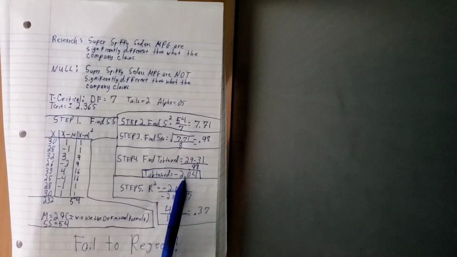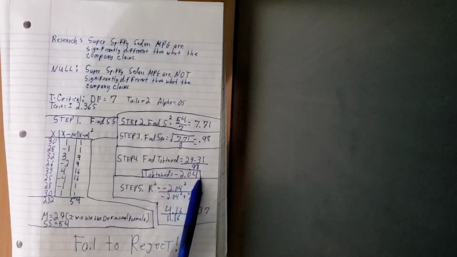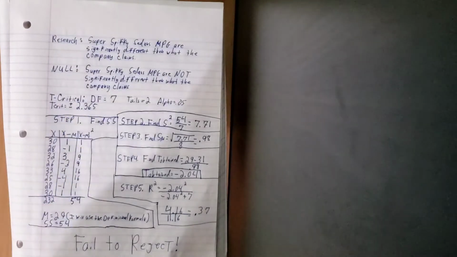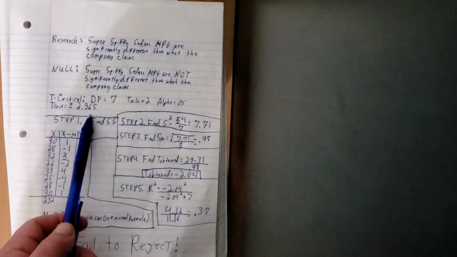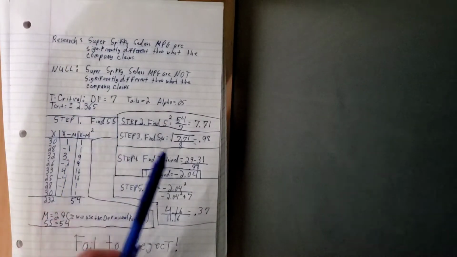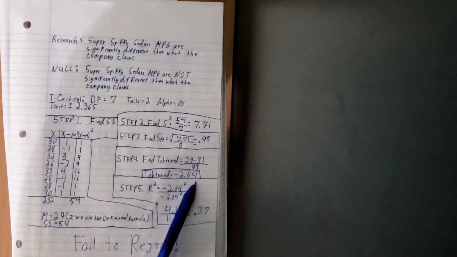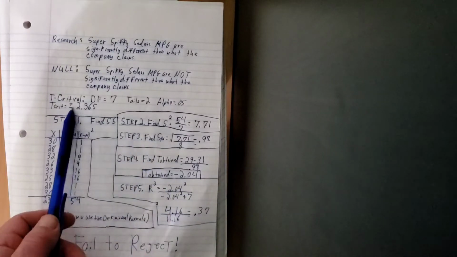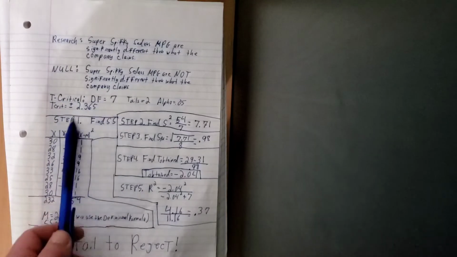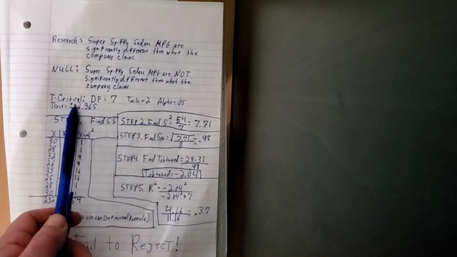Well, you have to compare this number, negative 2.04, to negative 2.365. Negative 2.365 is more extreme on the distribution than negative 2.04. Okay? It's a bigger number, right? Even though it's a negative, it's still a bigger, more extreme critical value.